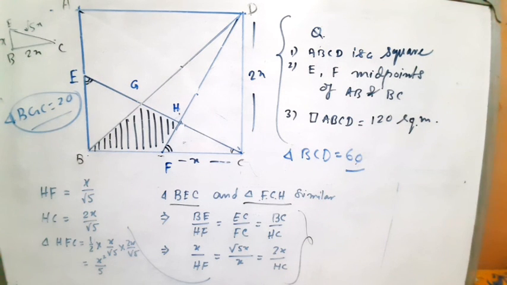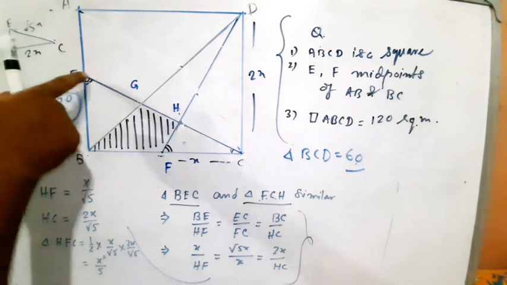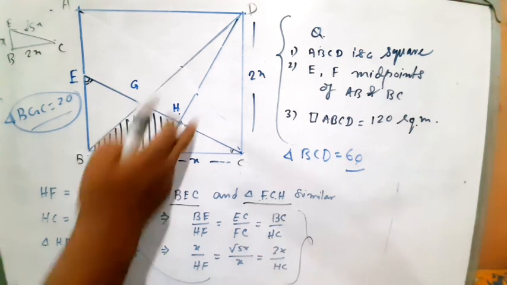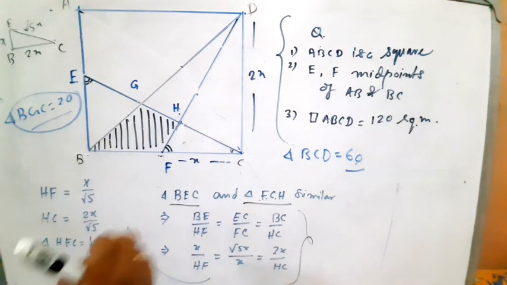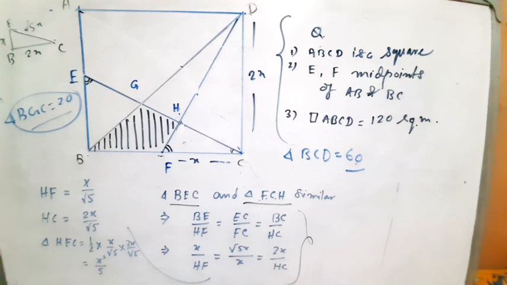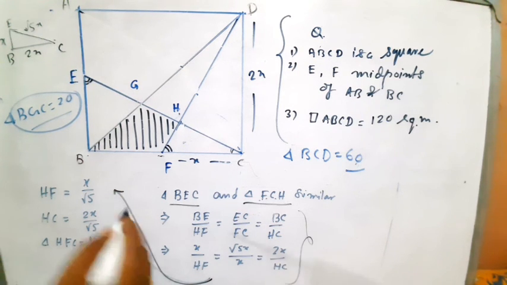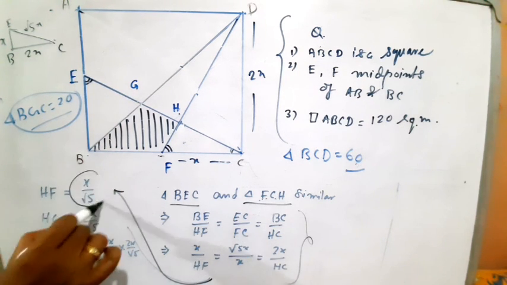This is very easy for students, so they can calculate it. So the value of EC is root 5 x, and BC is 2x, and we have to calculate HC. From there, come here to HF, divide both sides by x, then the simple value of HF comes.